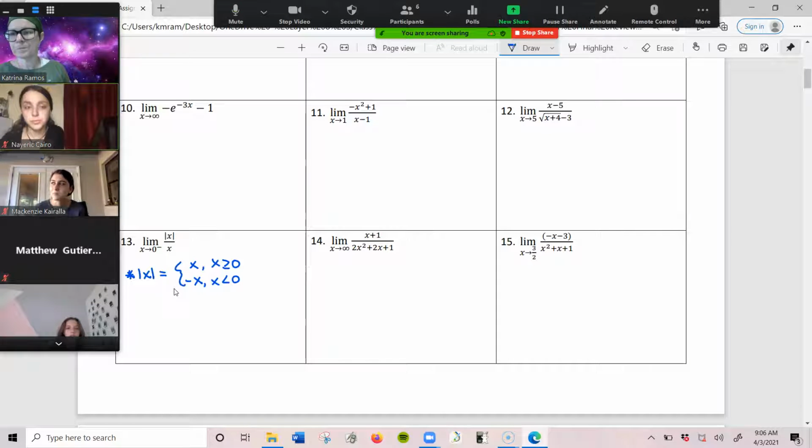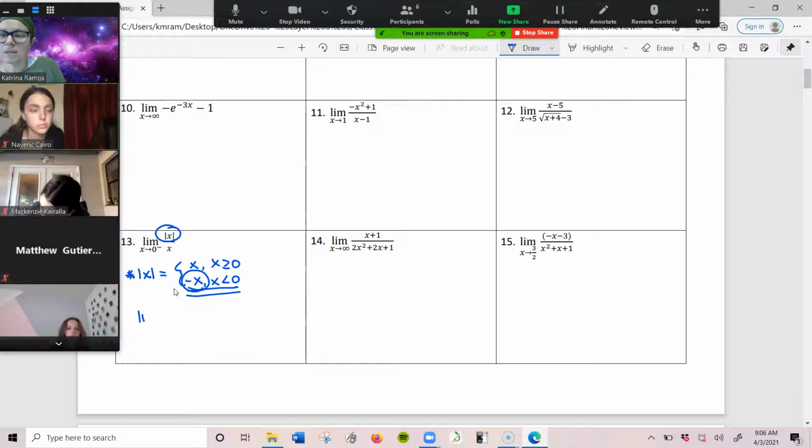Is that okay? So since this is for when x is approaching 0 from the left, it is this bottom part of that piecewise function. So what we do is we replace the absolute value with negative x.